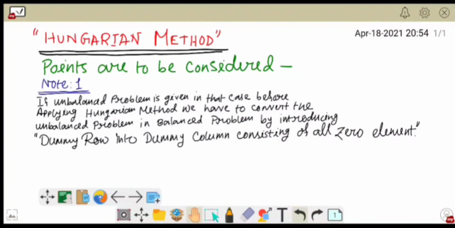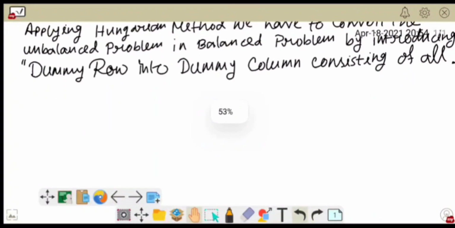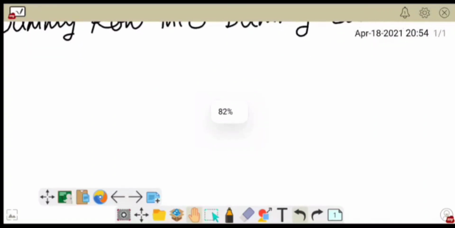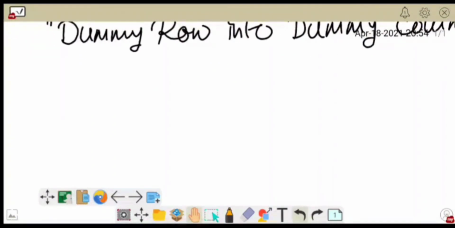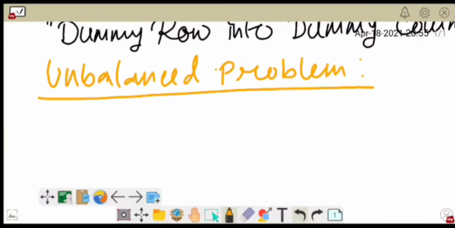How would it look? At first we consider an unbalanced square matrix, the unbalanced problem.